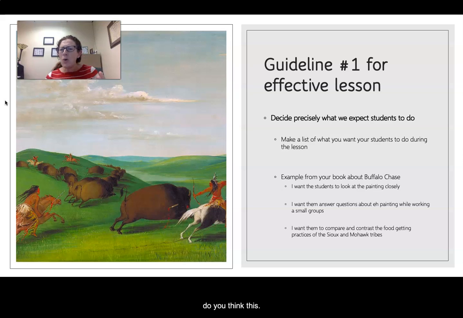And how do you think this works? And she's doing this because the objective of the lesson is she wants them to compare and contrast how Native American tribes obtained food, and the specific tribes were these two tribes listed here.